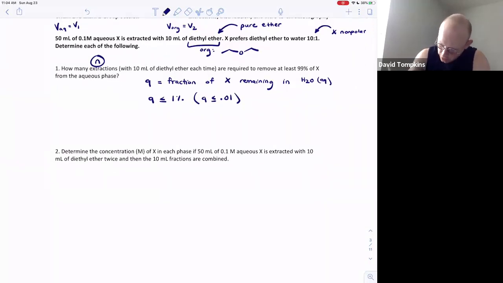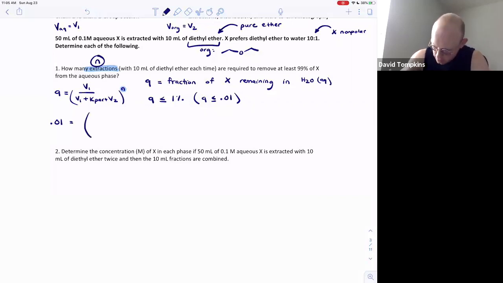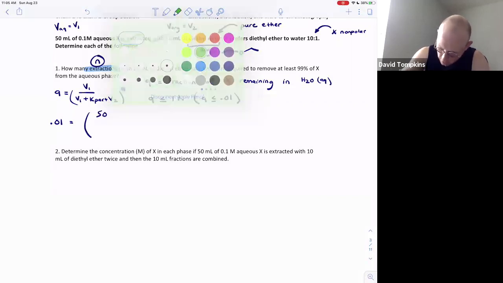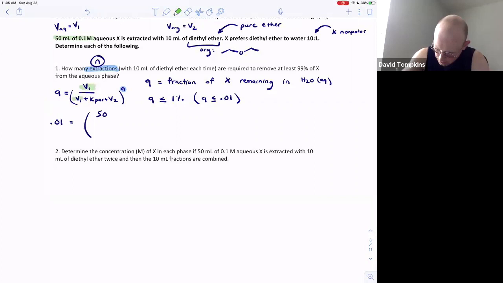So we can set up our Q equation here. Q is equal to volume 1 over volume 1 plus the partition coefficient multiplied by volume 2, all raised to the n number of extractions. And we are searching for this n number of extractions here. So Q, the largest it can be, is 0.01. And the volume 1 is 50 mils of the aqueous solution, over that same volume plus the partition coefficient times the volume 2.